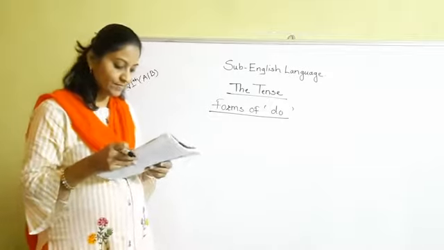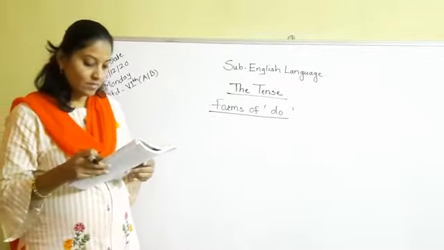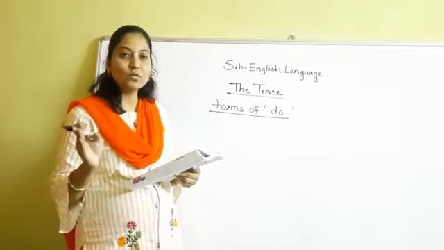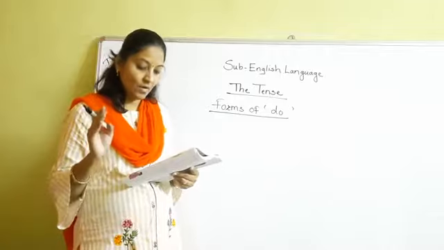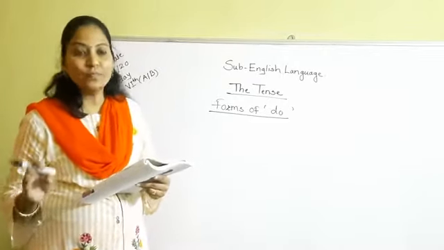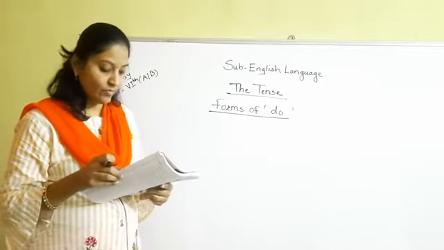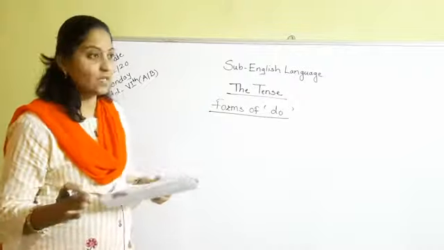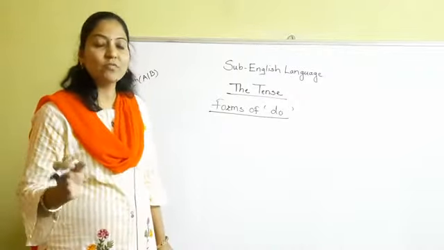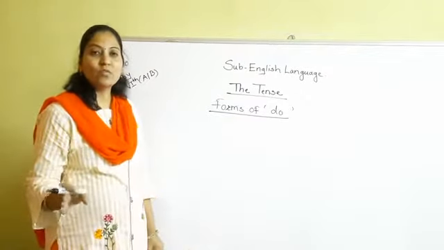Now see here, when we are using the verbs of do in an interrogative sentence, at that time we have to use the appropriate form of do before the subject of the sentence. Means before we write the subject of the sentence, we have to use the appropriate form of do, and then we have to use the original form of the verb.